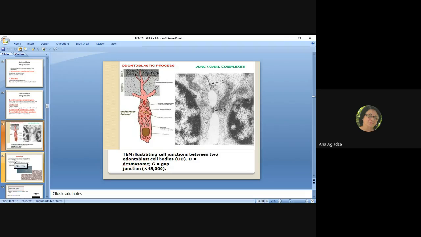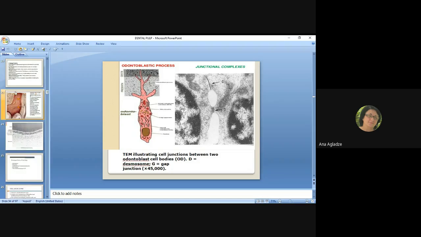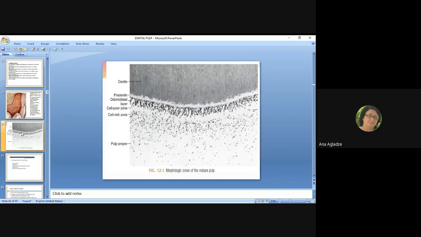The next layer we can discuss. You know that this was the odontoblast layer. Here you can see this is the odontoblast layer.